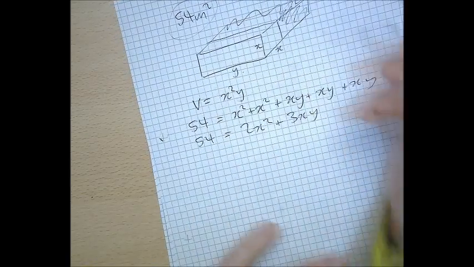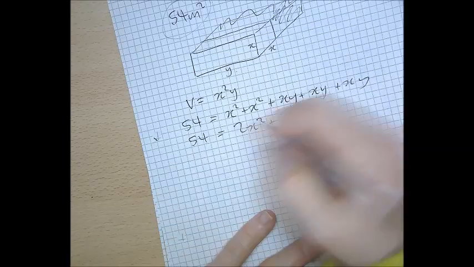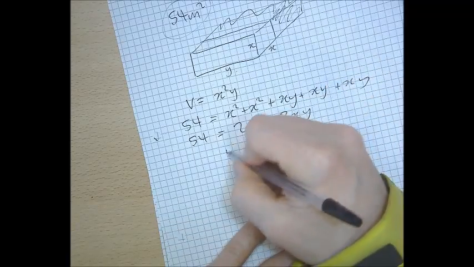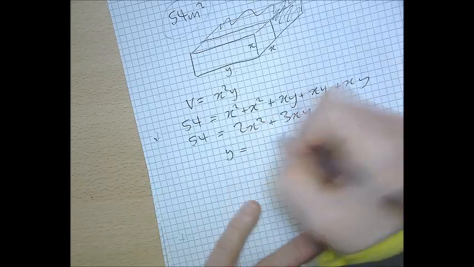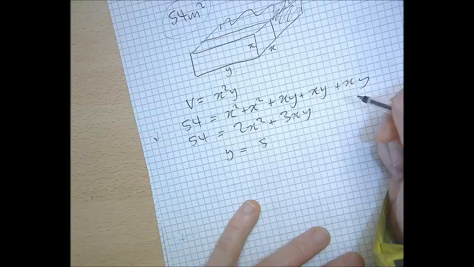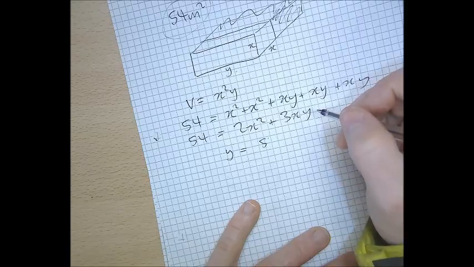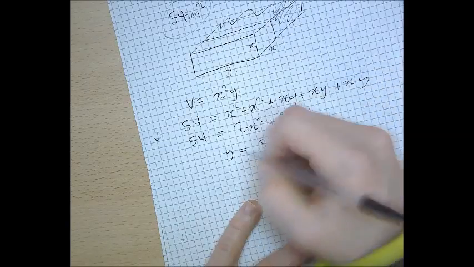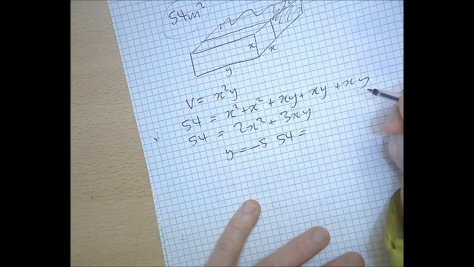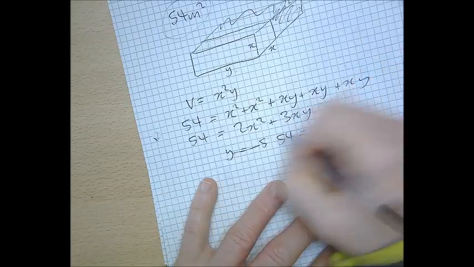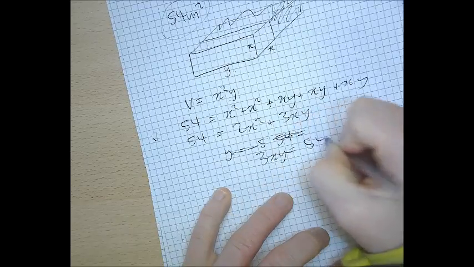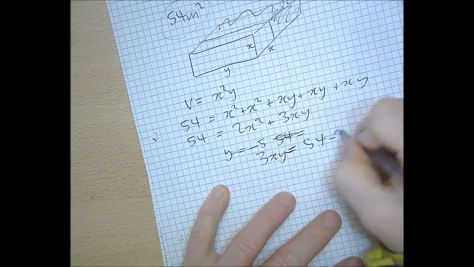Now we've got to get something that's ready for calculus. Okay, so how could I do that? Well, why don't I get y by itself here? So 54 equals 2x squared plus 3xy, so 3xy equals 54 minus 2x squared.